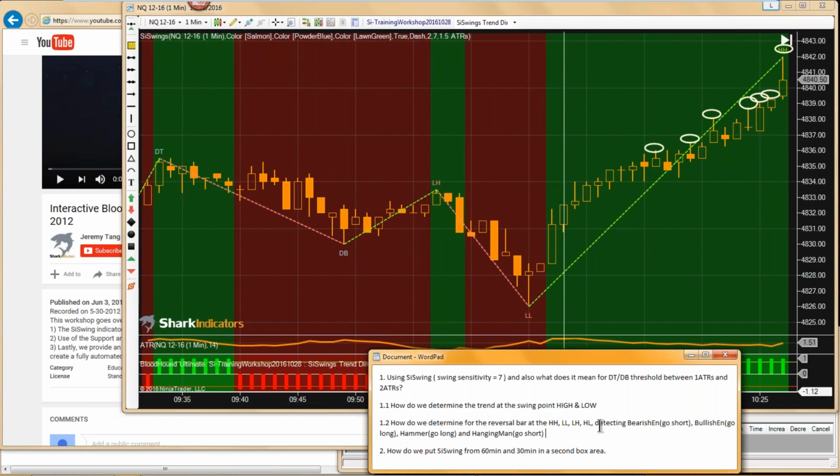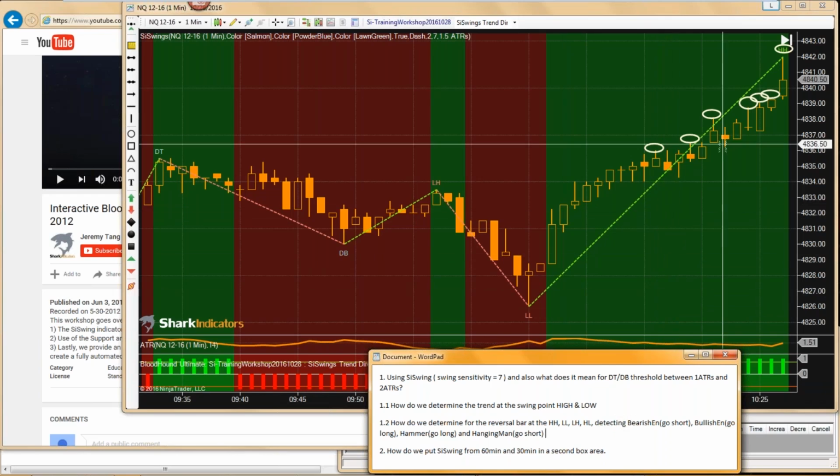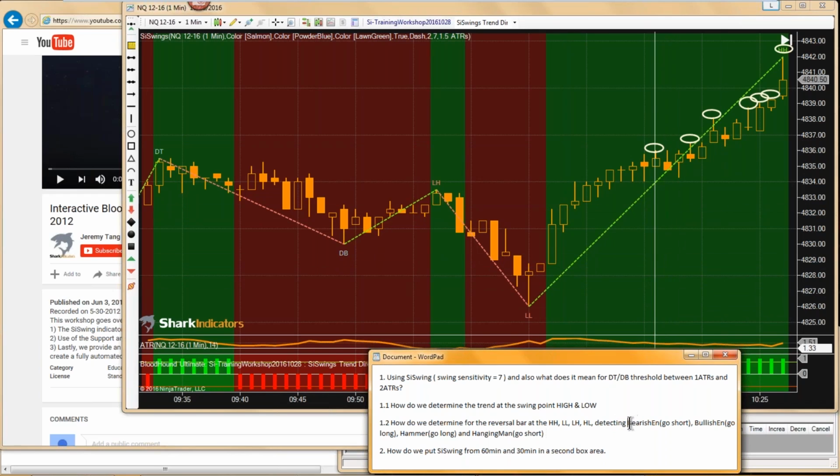Let's see. There's a second part here, so we want to combine the trend with bearish engulfing or bullish engulfing type bars.